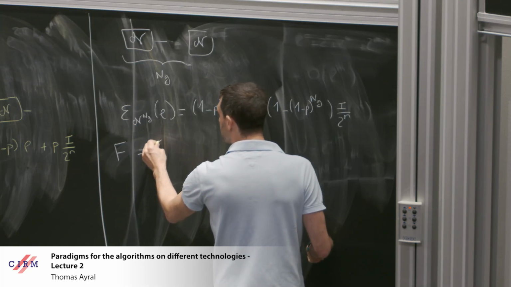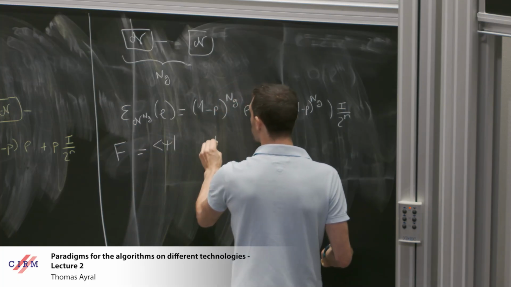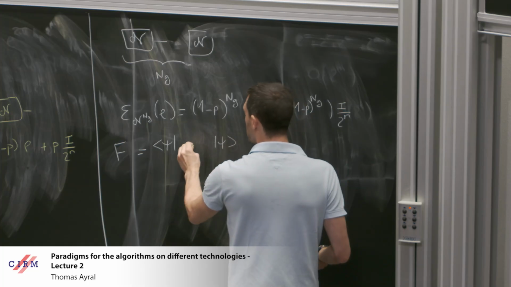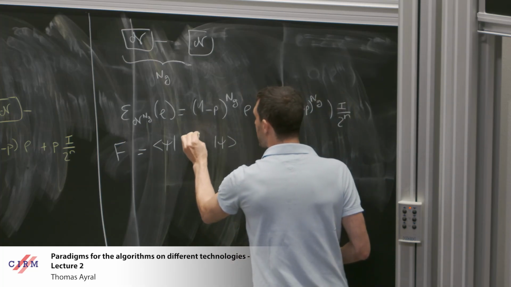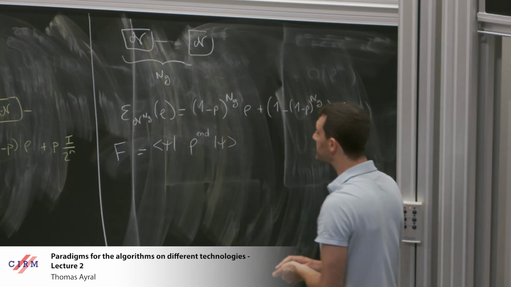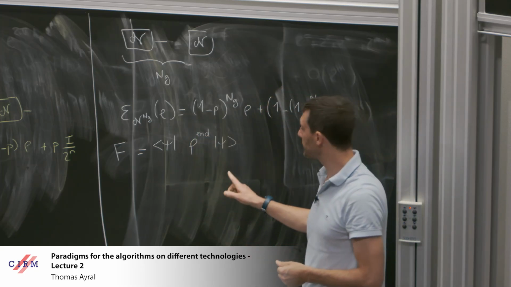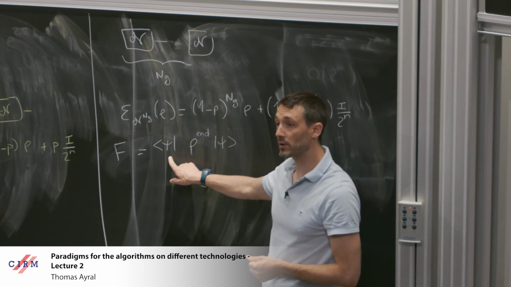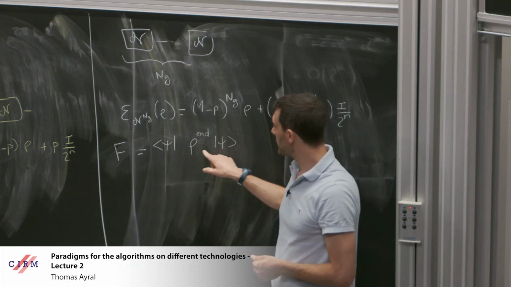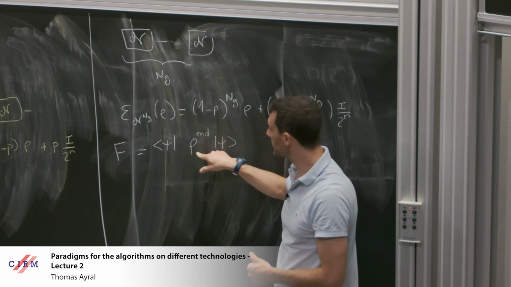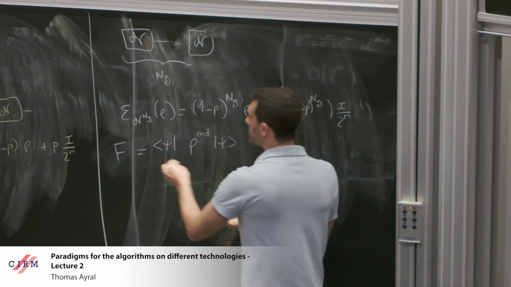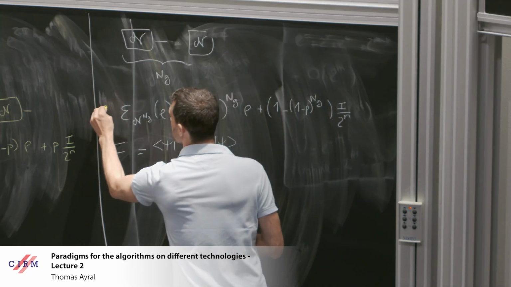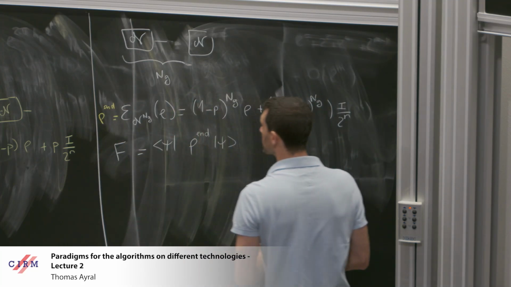So in the absence of noise, I would have gotten a state psi. And the fidelity is actually, so let me call it rho at the end, defined like this. So I do a sandwich of the perfect state I would have gotten at the end without noise, sandwiching the actual state I get after my noise process. And rho end in my case is this, right? Rho end is this. So now let's see.